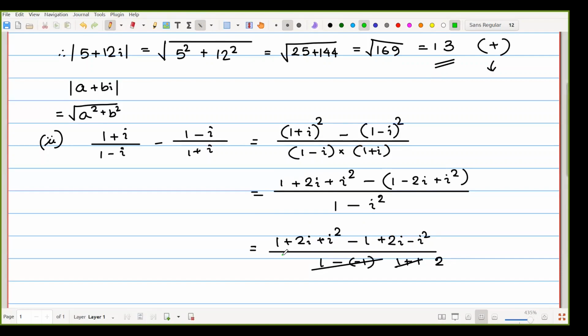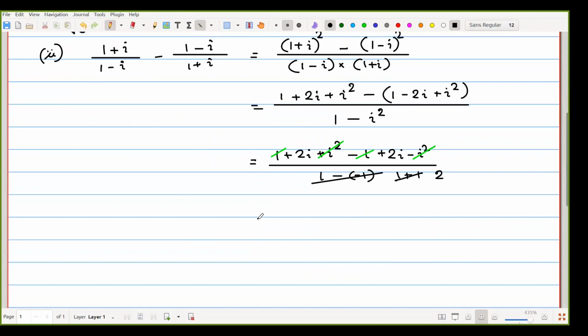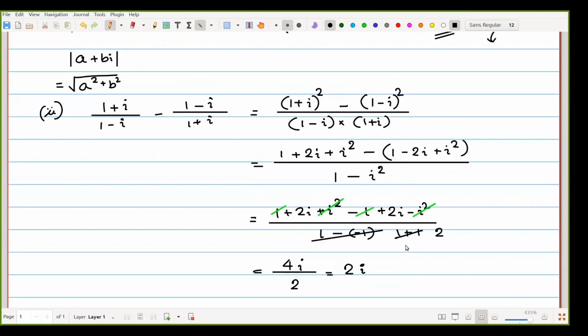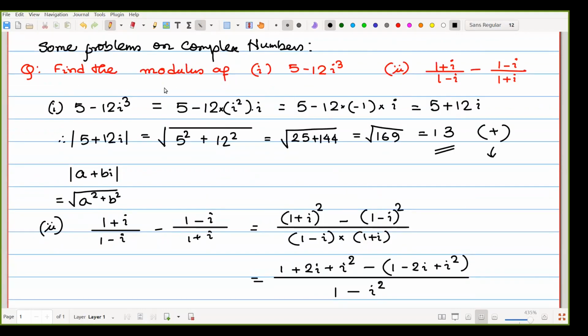Now you can subtract 1, subtract i square. So the calculation is now becoming 4i divided by 2, or simply you can write it as 2i. So that is how we can simplify the complex number, but we have to find out the modulus.